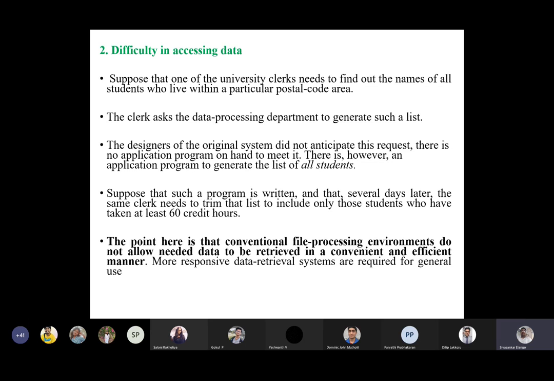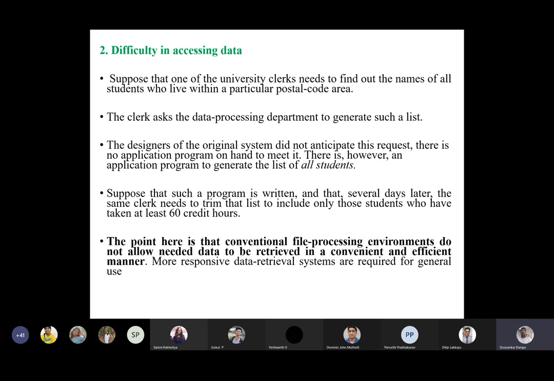So the thing is that the conventional file processing system does not allow the data to be retrieved in a convenient and efficient manner. So we need to go for a more responsive data retrieval system for general use, right? Here the data file is embedded in the application program.